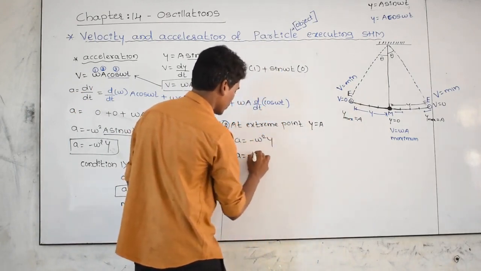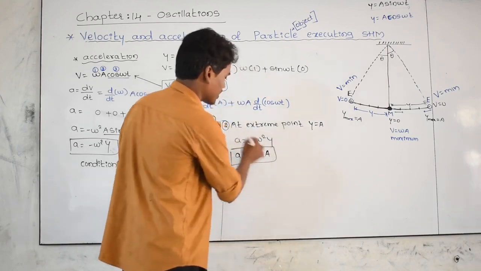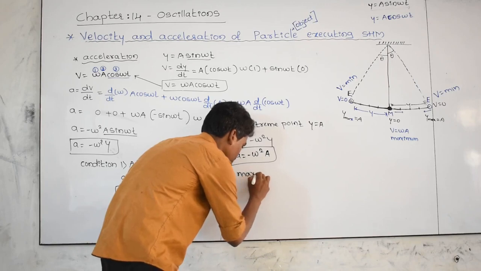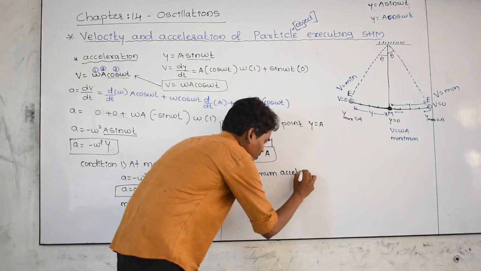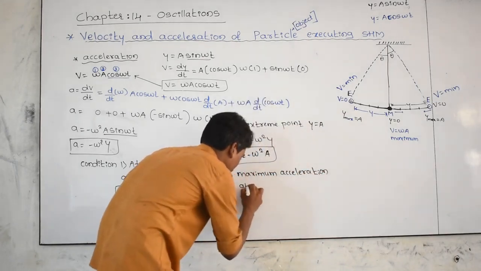Substitute: a is equal to minus omega square into a, and here I am not getting 0 acceleration, that's why it is maximum acceleration at the extreme point.